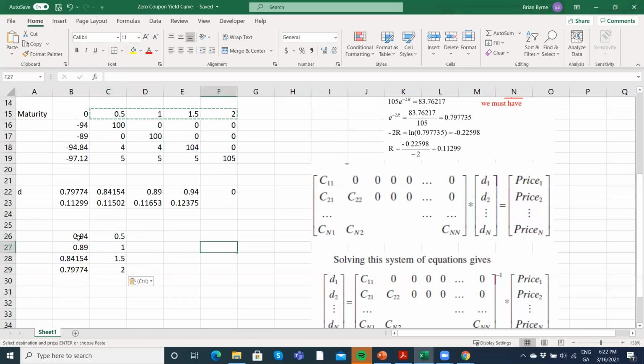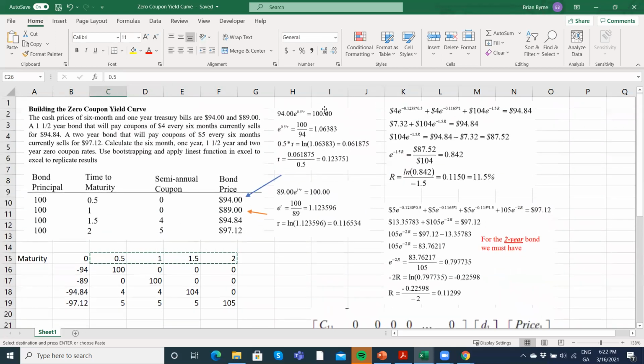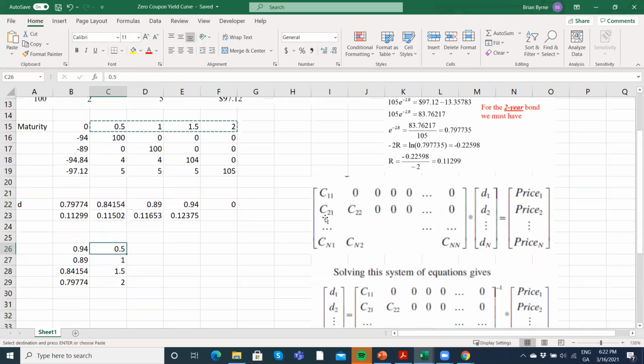Okay, so I've made the discount factors consistent with the time period. If we go back to the original calculation, this is the pricing that we had, and I need to align it to the correct time period.